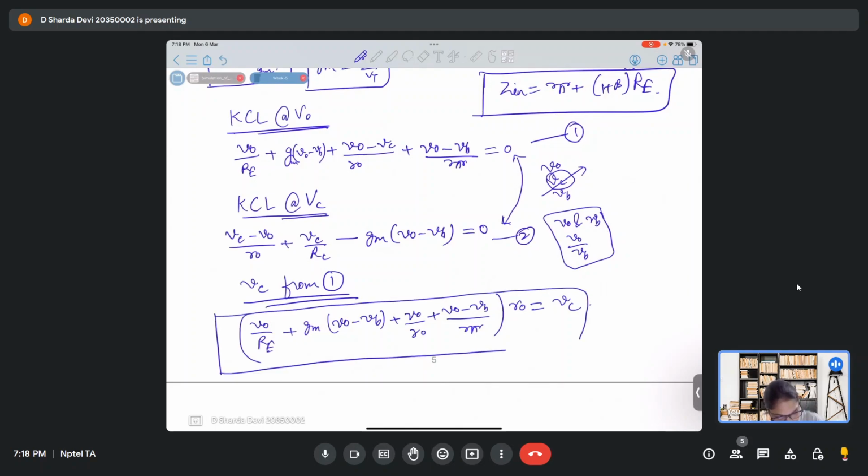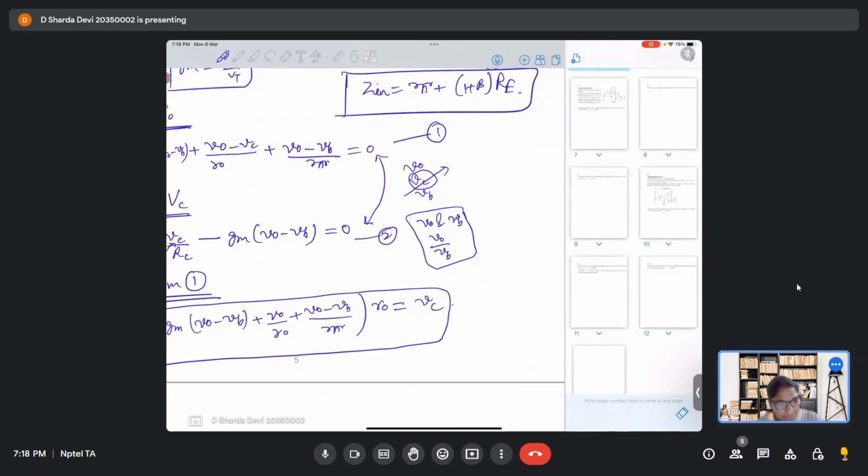This is what is Vc. We have to substitute this Vc here and here, and then we'll get an expression which is completely based on V naught and Vb. We'll simply separate the two variables and we'll get the solution. Okay? So that is what we are going to do.